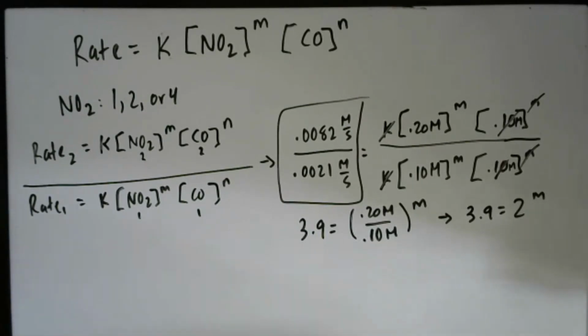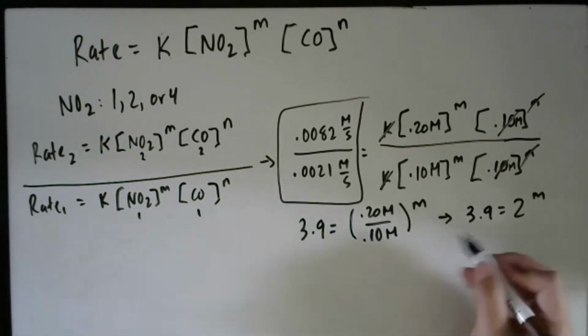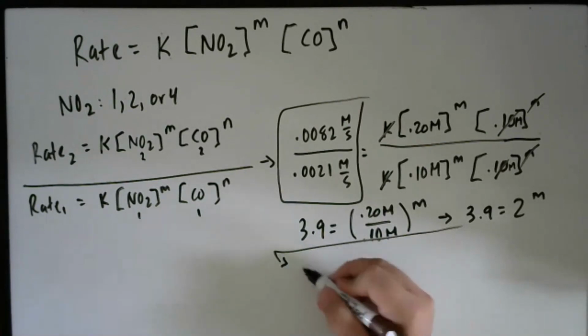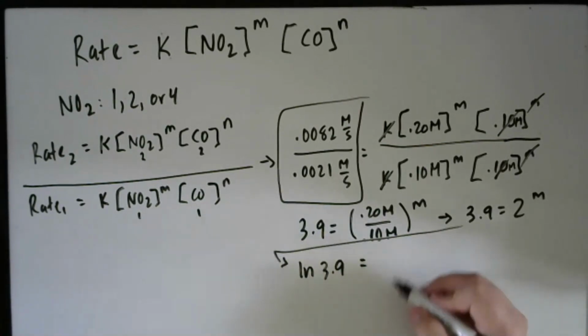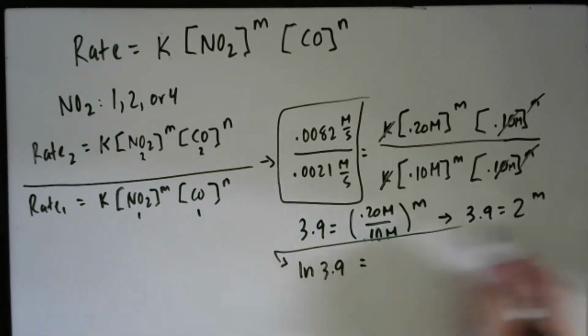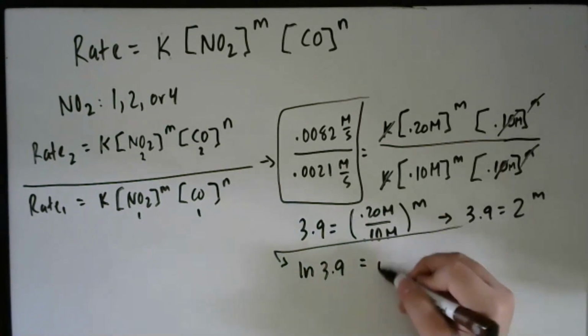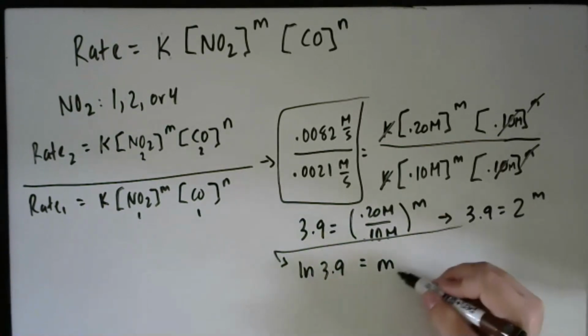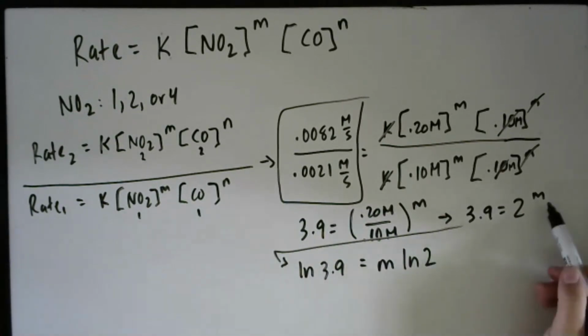So if we take the natural log of both sides of this equation, because whatever you do to one side, you have to do to the other, we can rewrite that as the ln of 3.9 equals, when I take the natural log of this, I'm going to pull the exponent off and put it in front. So it's m times the ln of 2.